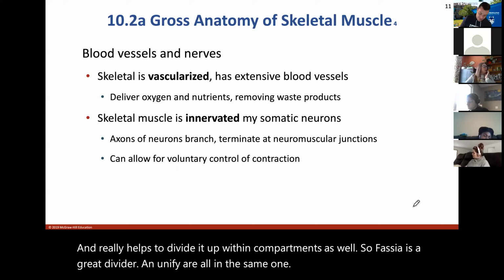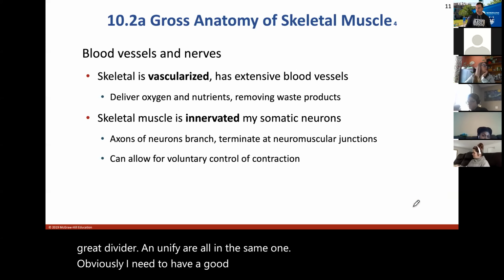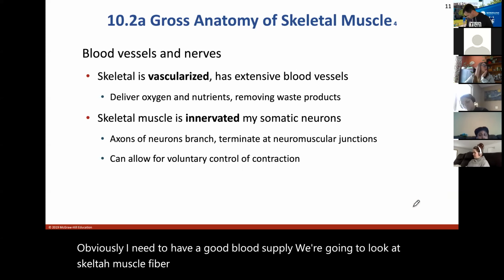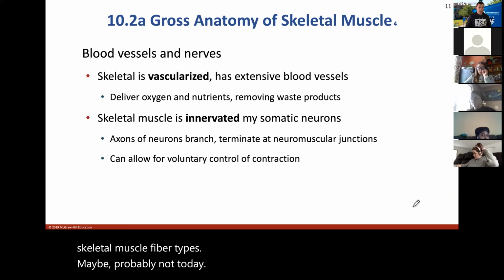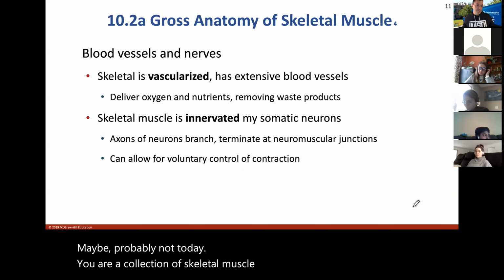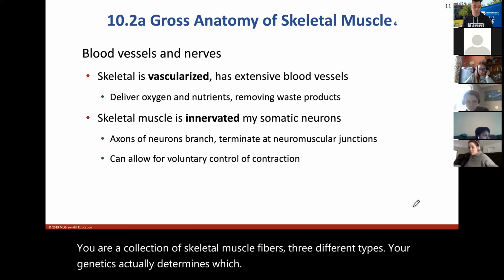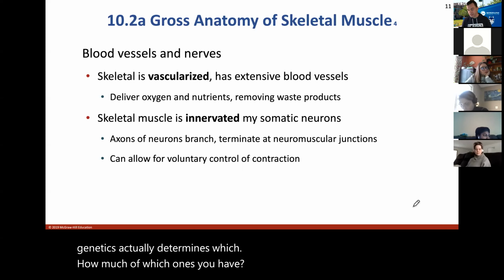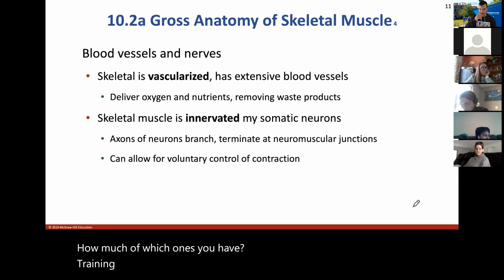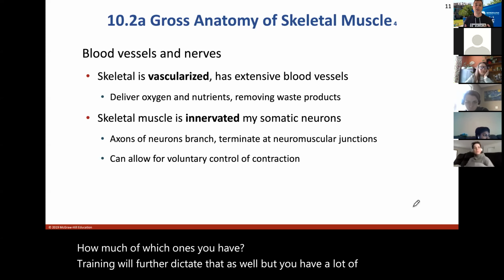Obviously, I need to have a good blood supply. We're going to look at skeletal muscle fiber types. Maybe, probably not today. You are a collection of skeletal muscle fibers, three different types. Your genetics actually determines how much of which ones you have. Training will further dictate that as well, but you have a lot of skeletal muscle fiber, and that needs a good blood supply.